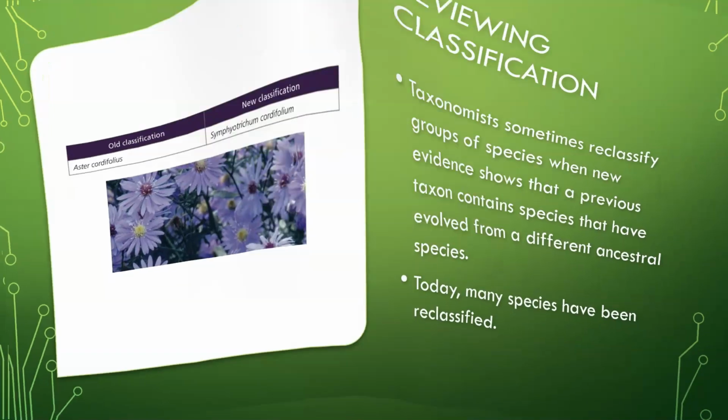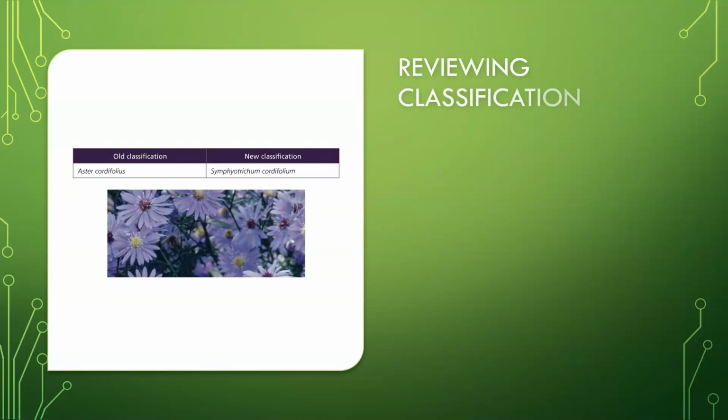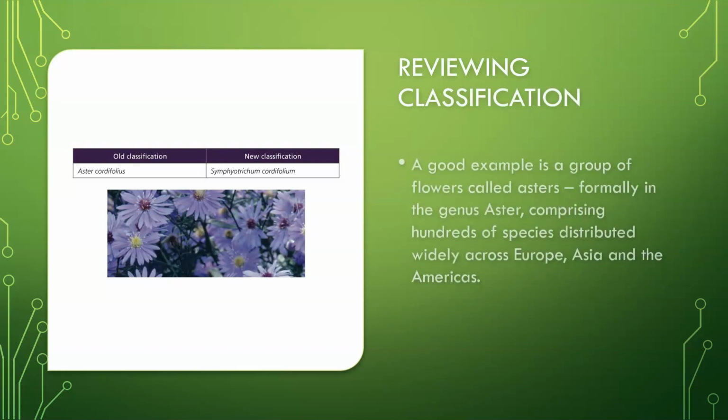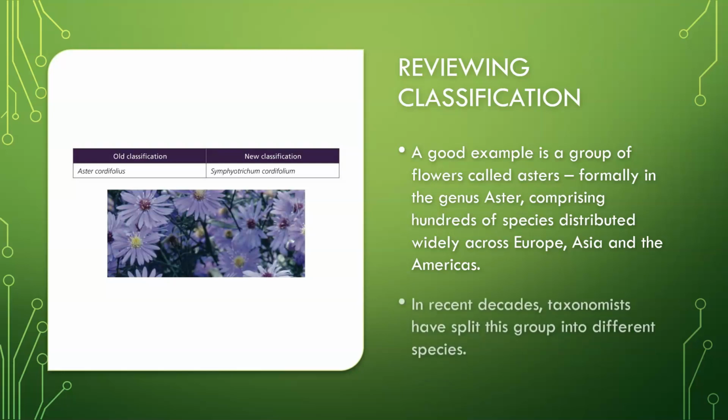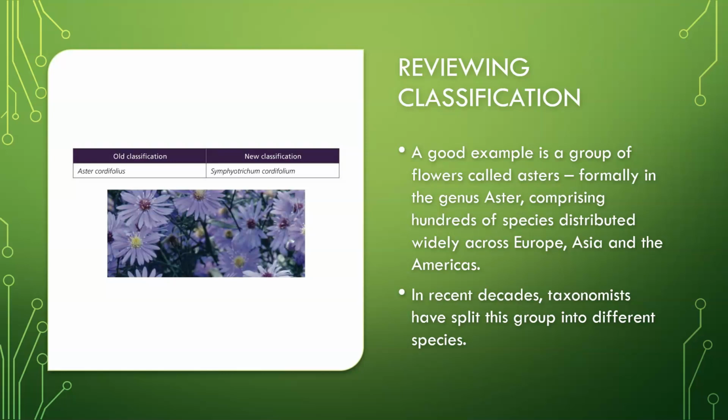Today we've reclassified many species due to evolving technology and science. A good example is our asters, which we've discussed in a former video. Formerly the genus Aster comprised hundreds of species distributed widely across Europe, Asia, and the Americas. In recent decades, taxonomists have split the group into different genera.